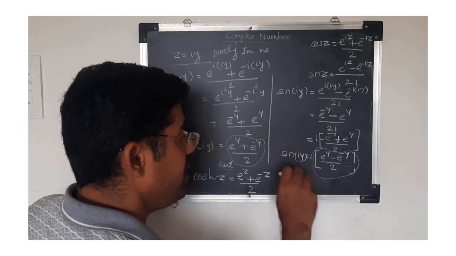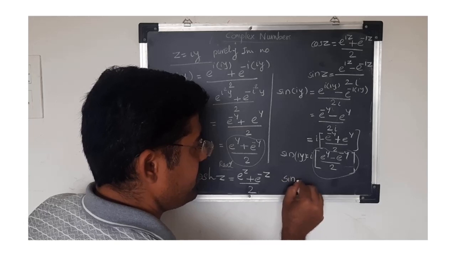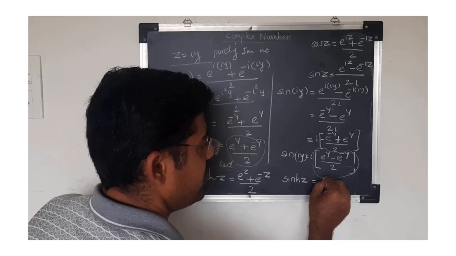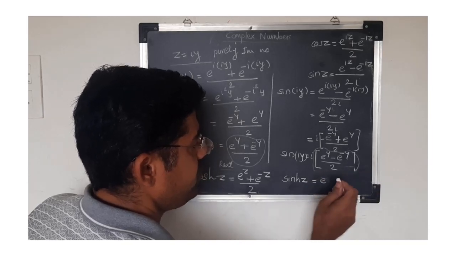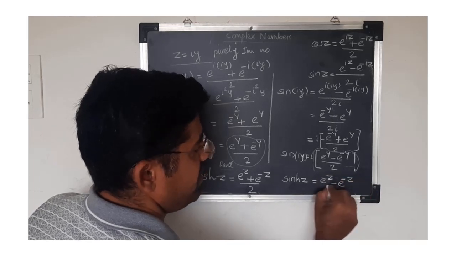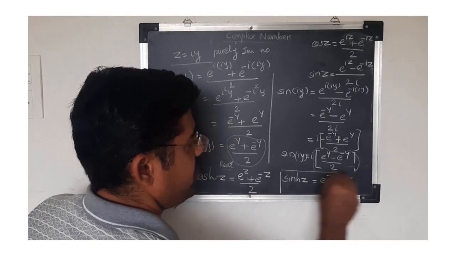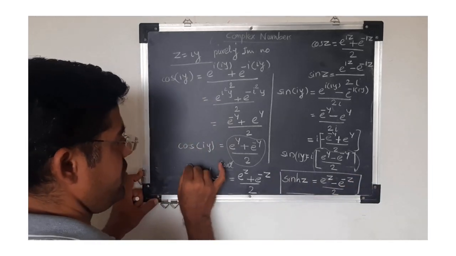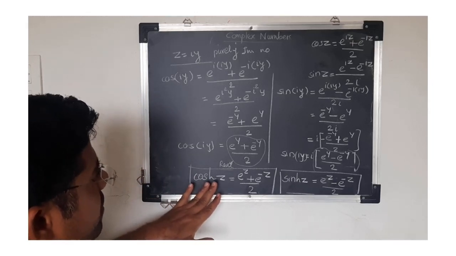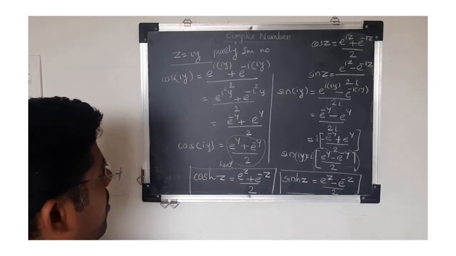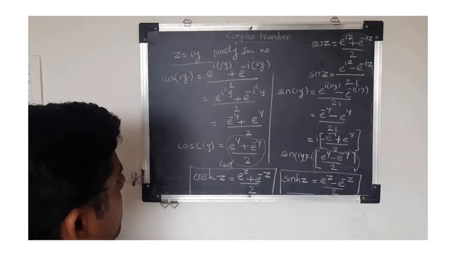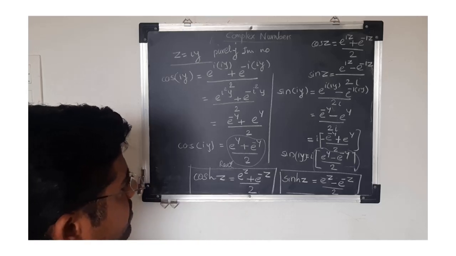Similarly, the hyperbolic sine of z is nothing but e raised to z minus e raised to minus z divided by 2. So this is your hyperbolic cosine, a real function, and it is linked with this one.